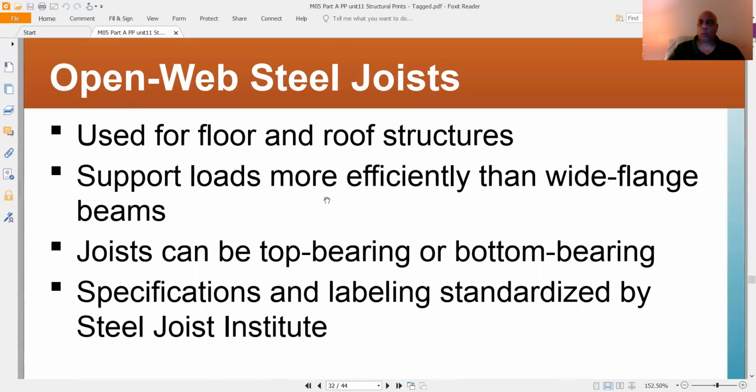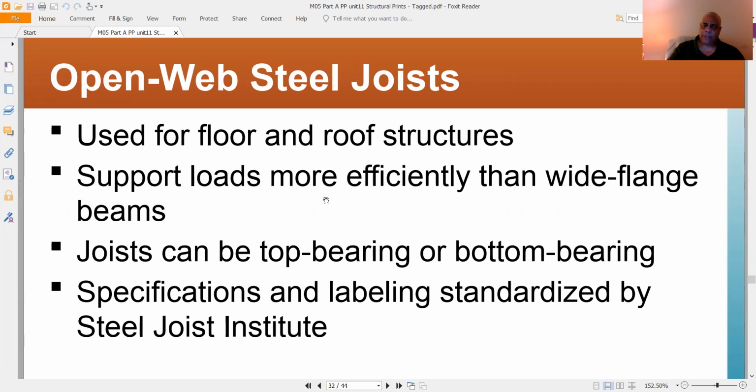Now you have your open web steel joists. They're used for floor and roof structures. There's also support beams. They're basically more efficient than wide flange beams. And of course, joists can be top bearing or even bottom bearing. Again, if you want to know more about your steel, there's this big manual, and I actually have one.